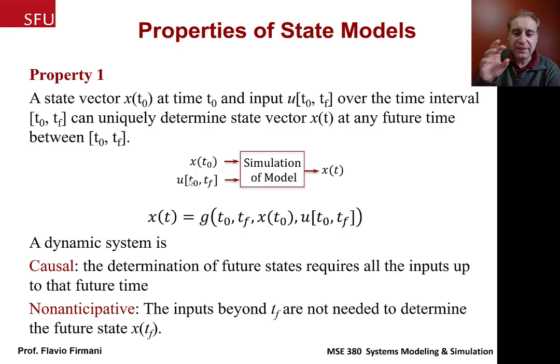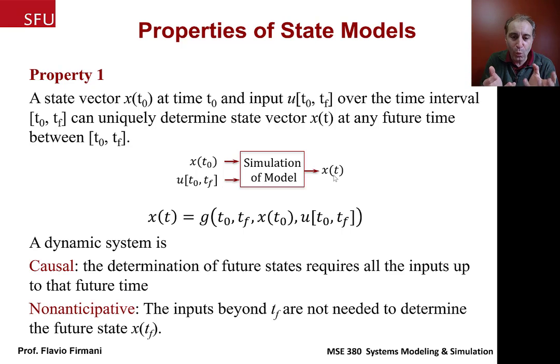So if you have that information, then you can simulate the model, and you can see how the temperature of the coffee is going to change over time. Now, what we need is to know all the inputs.